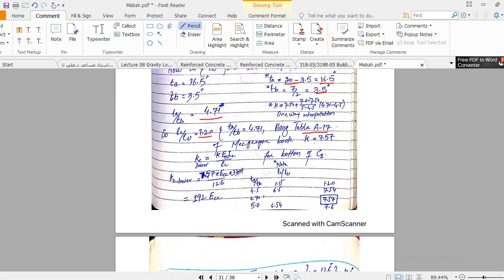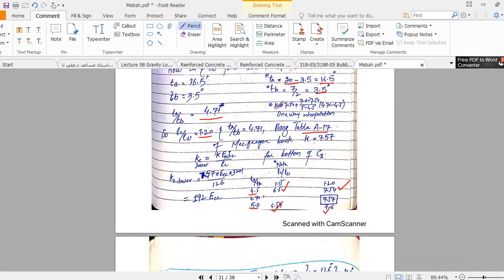I already showed you all the values. You see 4.5 and 5. So the K value in front of 1.15 and 1.20, the K value is this one. This value is from the table, and similarly this value is from the table. We just need one-way interpolation. We have to find this value.